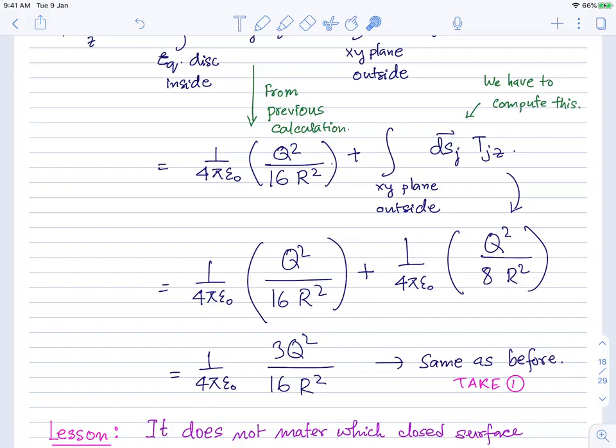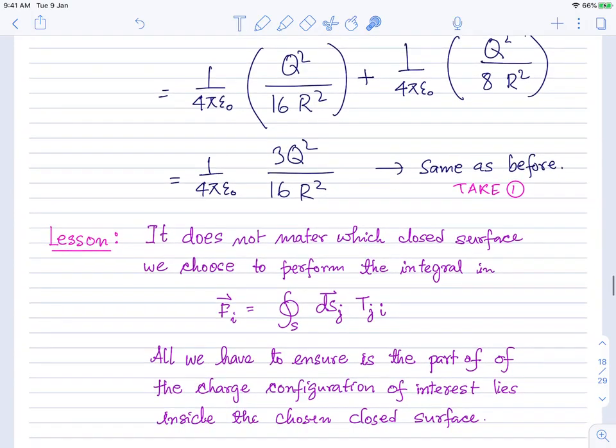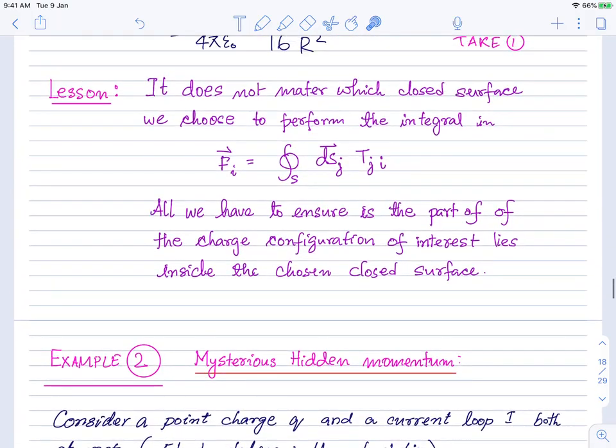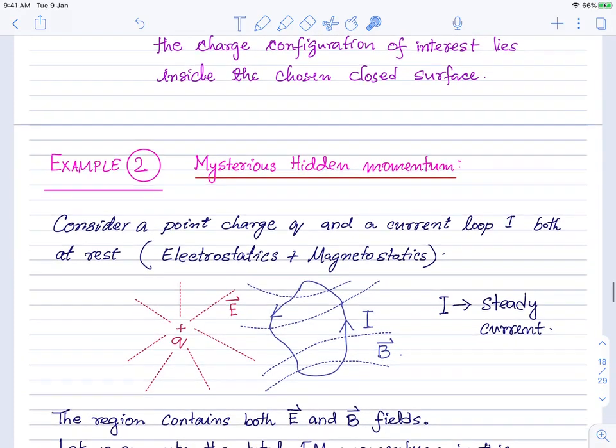If you do the surface integral over a closed surface, it will give you the force on all the charge and current configuration enclosed by this surface. That surface can be any surface. It doesn't matter. It will always give you the right answer. Very good. That's the lesson that we learned from here.